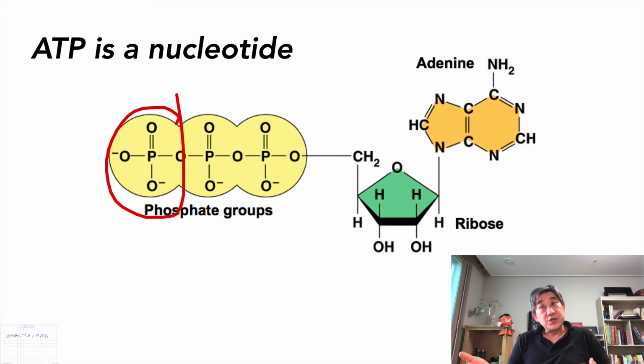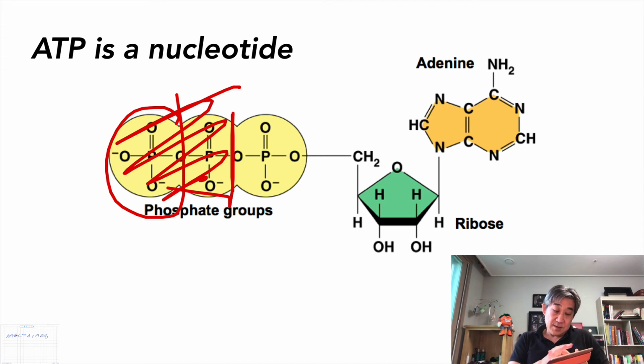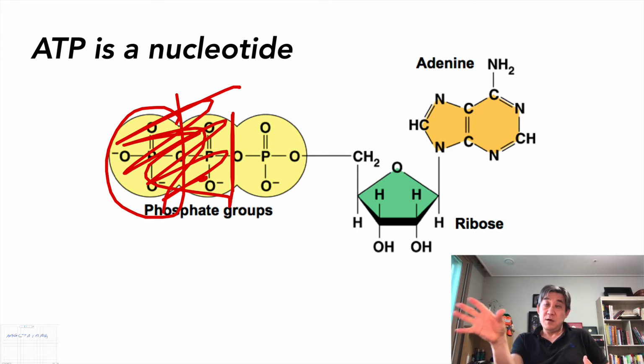But at the same time, it can also be incorporated into an existing chain of RNA by shedding off two phosphates to become one such component of an RNA.